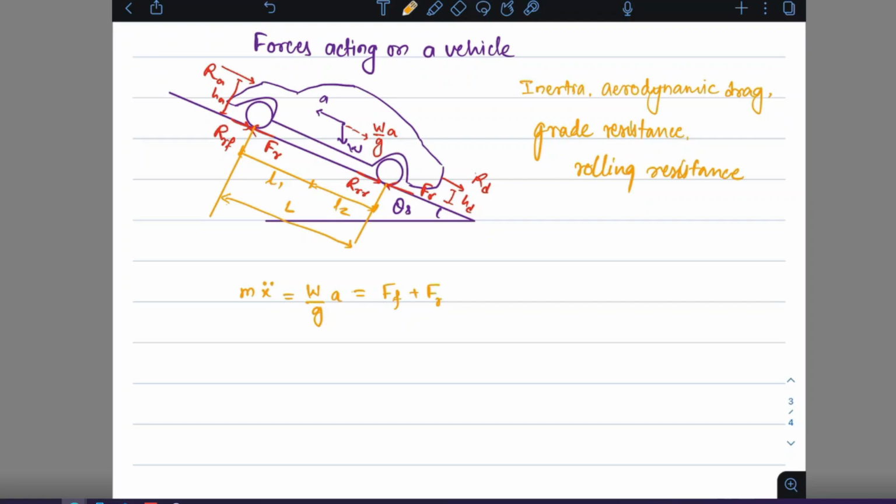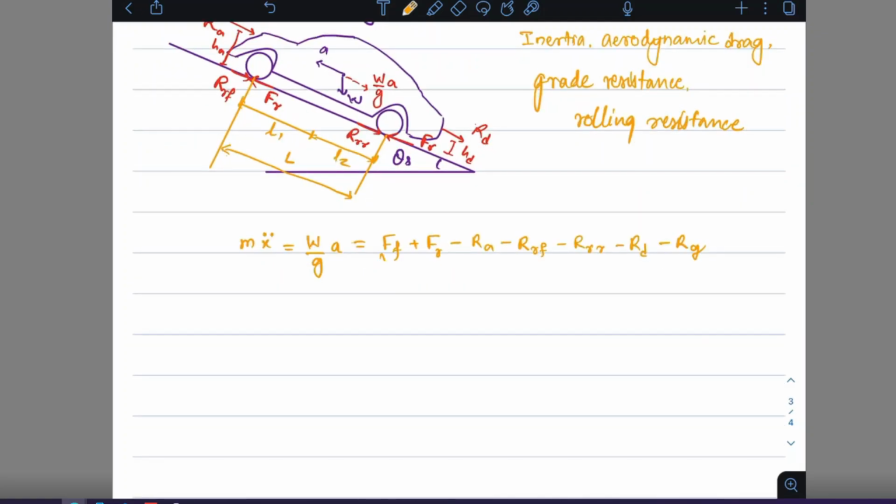Okay, then we'll start subtracting the resistances. First is the aerodynamic drag, then you have rolling resistance at the front wheel, rolling resistance at the rear wheels, the drawbar pull RD and the grade resistance.